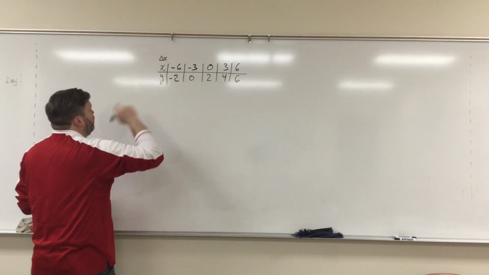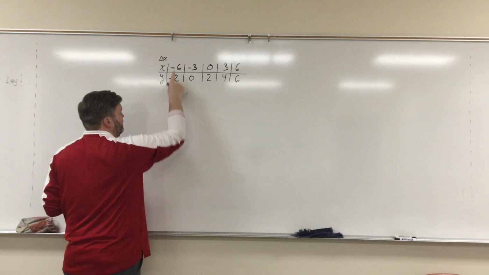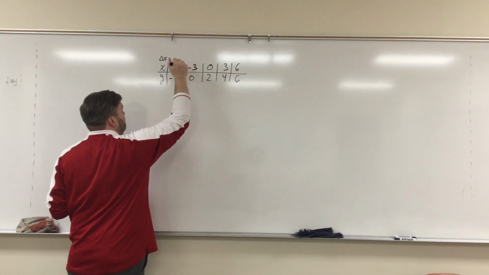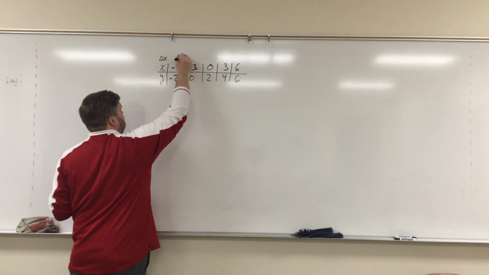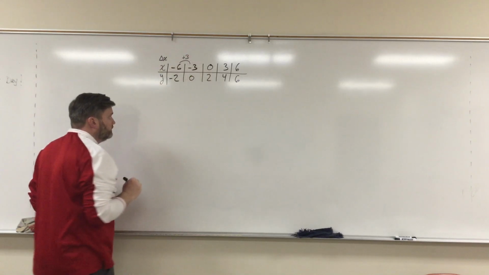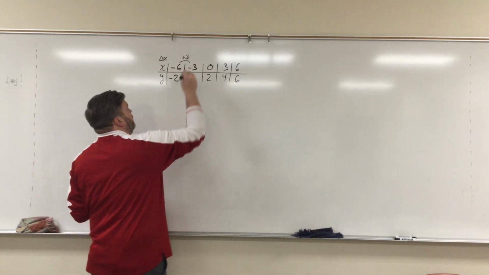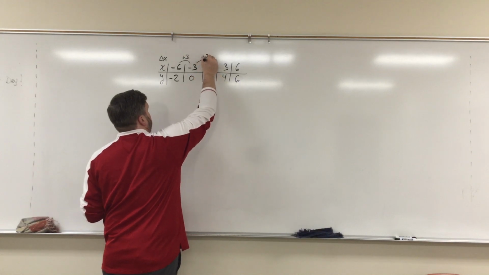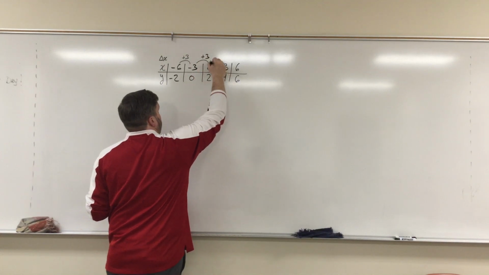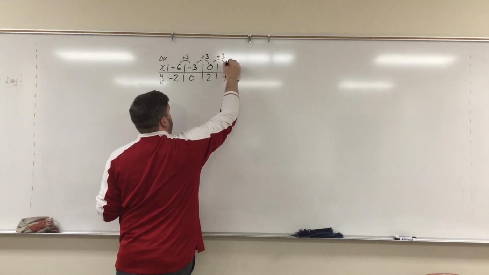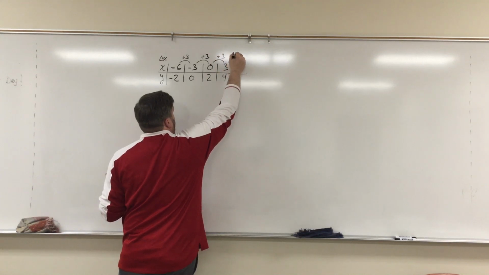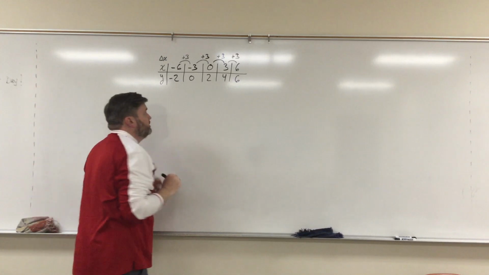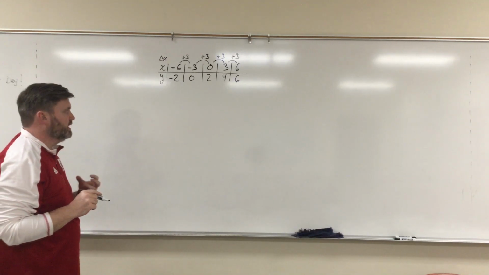When I go from this first point to this second point, my change in x is plus 3. When I go from the second to third point, negative 3 to 0 is plus 3. 0 to 3 is plus 3. 3 to 6 is plus 3. So I have a change in x of 3 every time.